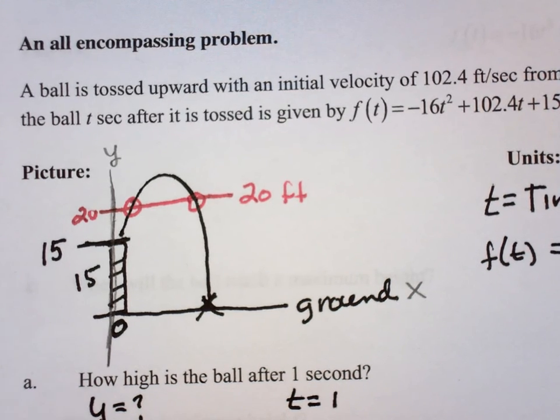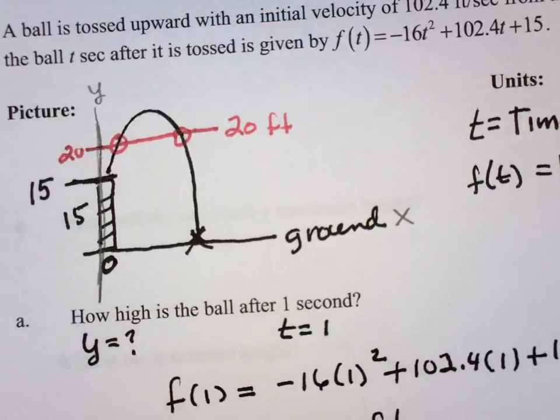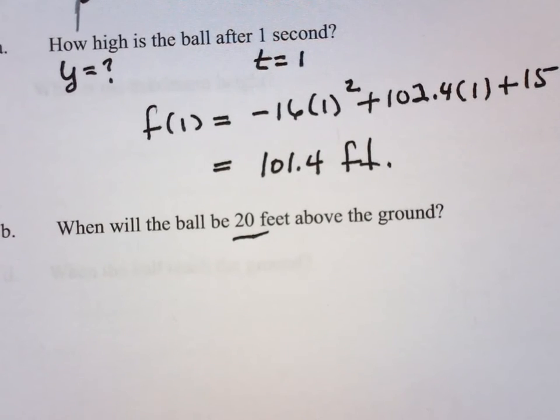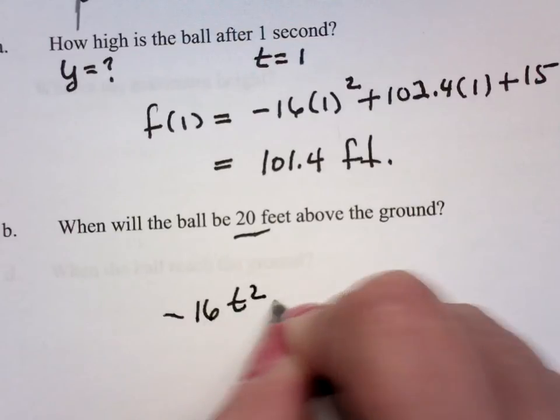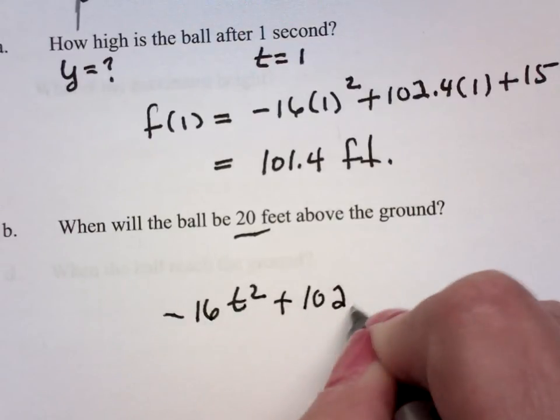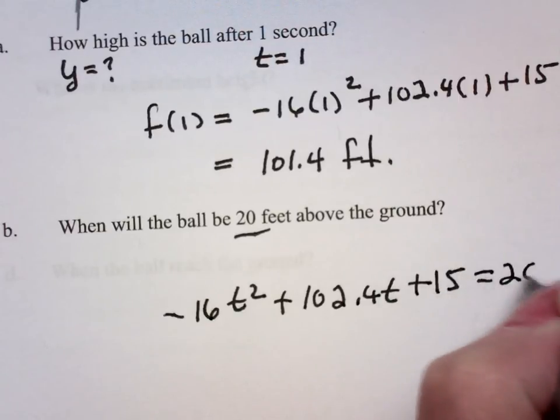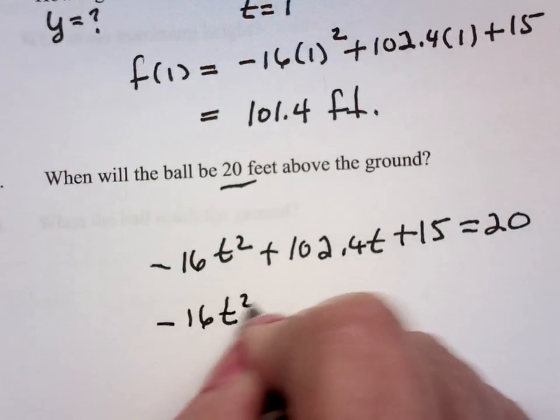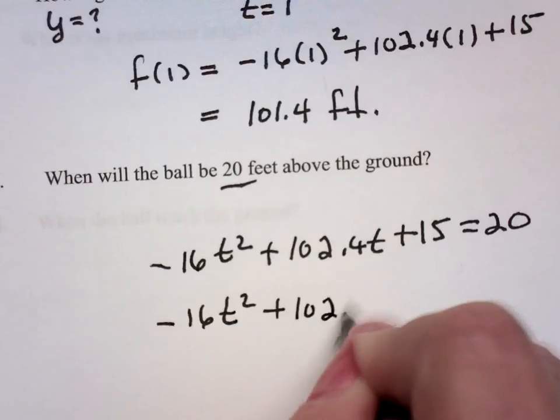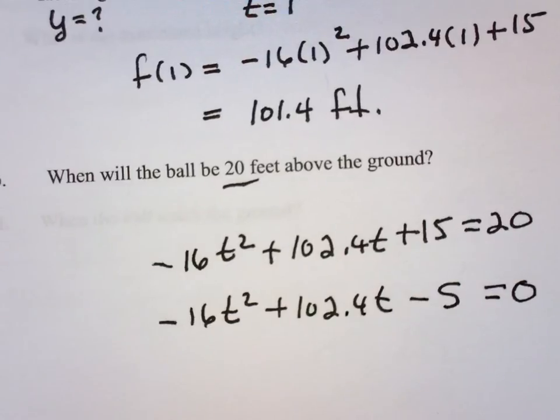So that's my picture. So that means I am looking for the y value to be 20, or negative 16 t squared plus 102.4t plus 15 equals 20, or negative 16 t squared plus 102.4t minus 5 to be equal to 0.